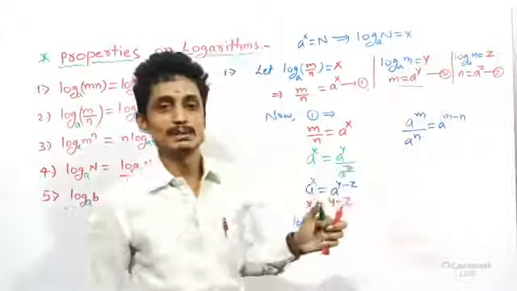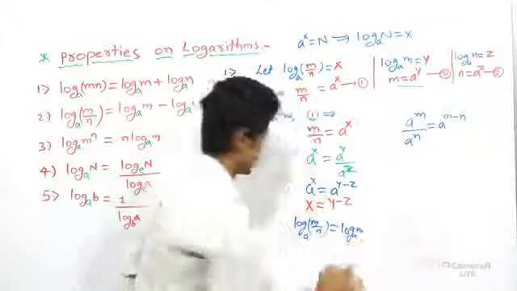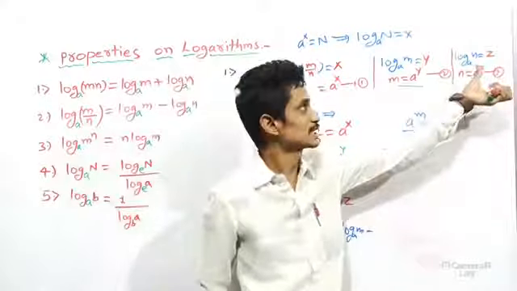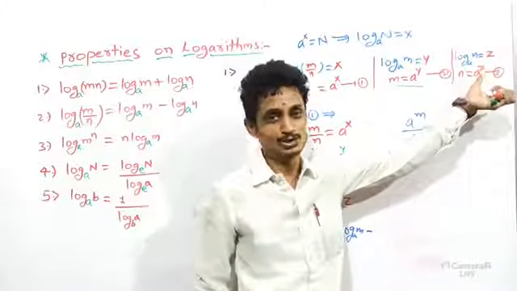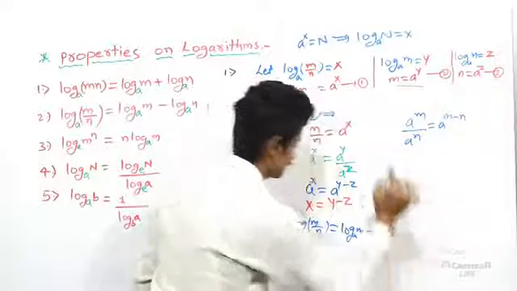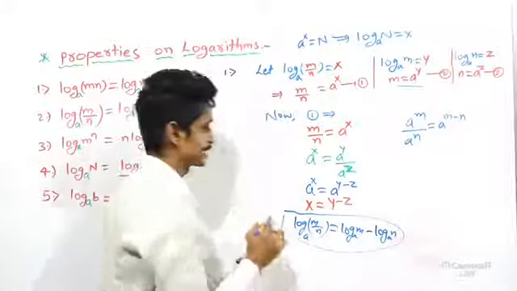Log m to the base a. So we write log m to the base a minus, what is z? z is nothing but log n to the base a. I write now log n to the base a. So this is our required second property.